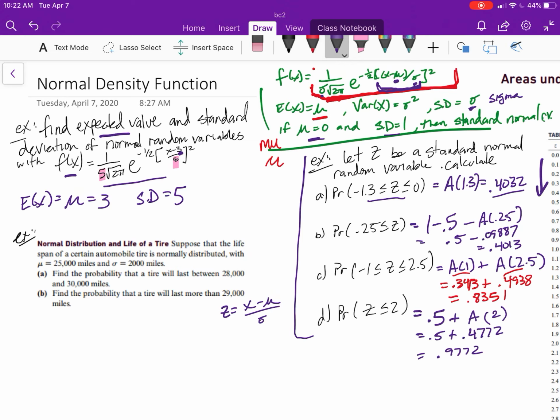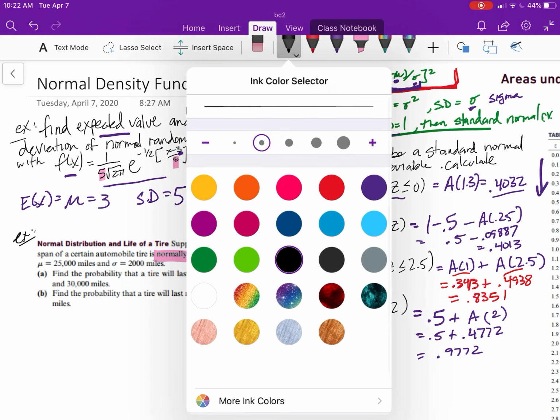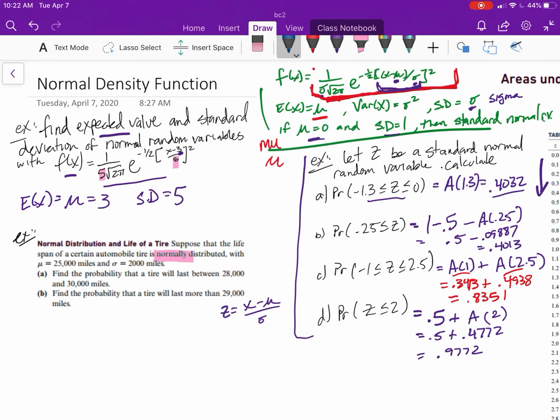So those were given z-scores. Okay, this is a normal distribution in the life of a tire. So first off, it tells us it's normal. So part A, we want the probability that it'll last between 28,000 and 30,000 miles.